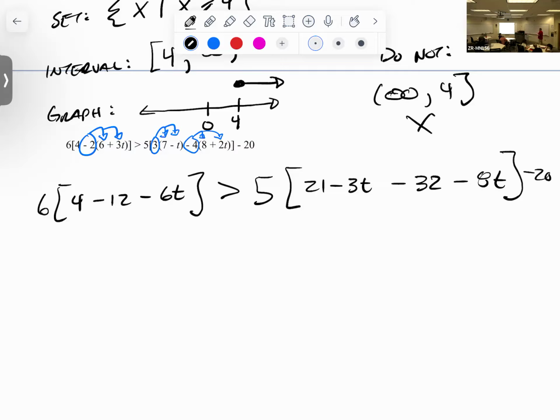Nothing crazy, just happened to do 3 rainbows. Is everyone with me with the signs? The negatives, and remember to take that negative out front. That's why the rainbow goes into both pieces, the first piece and the second piece. Super important. Easy to mess up.